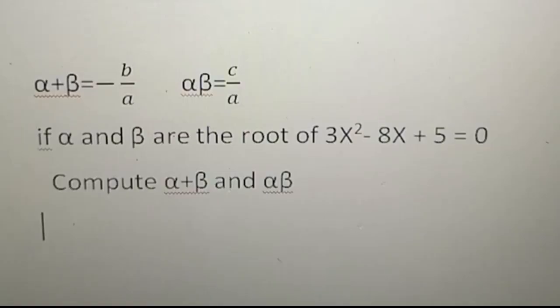Let's see this problem. The question says: if alpha and beta are the roots of 3x squared minus 8x plus 5 equals 0, compute alpha plus beta and alpha beta.